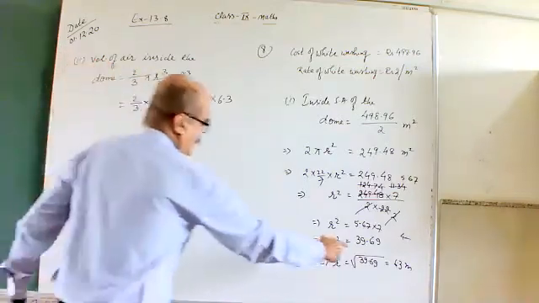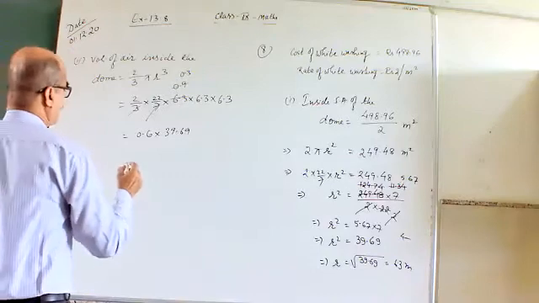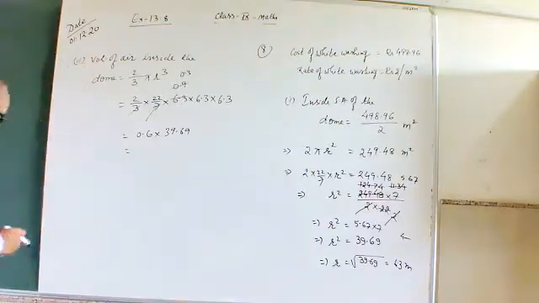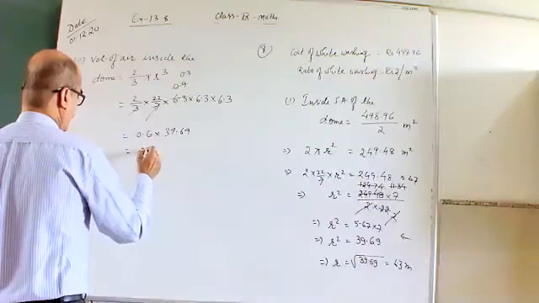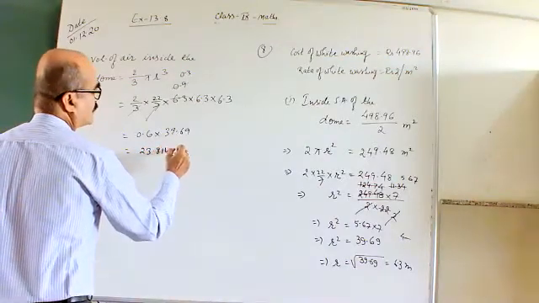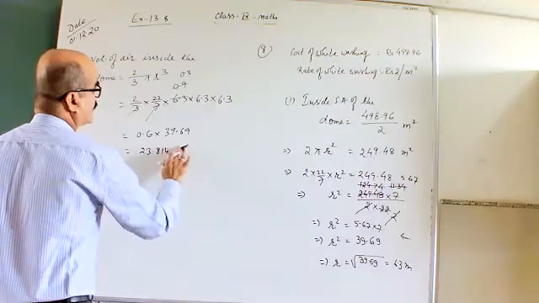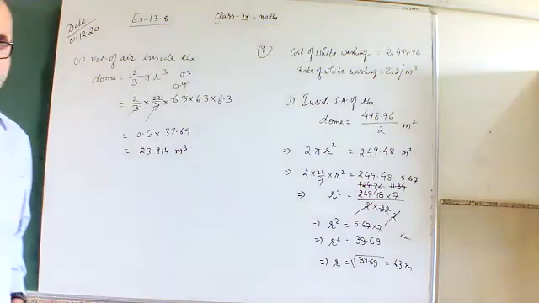See, if you take the square of 6.3 you will get 39.69. 39.69 into 0.6 is 23.814, that is 23.814 meter cube. That is the final answer.